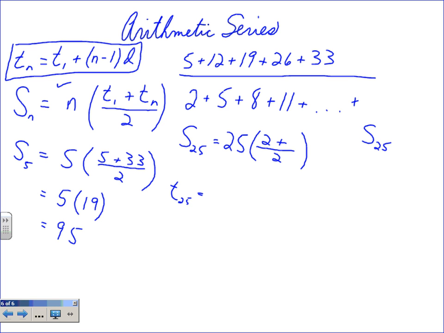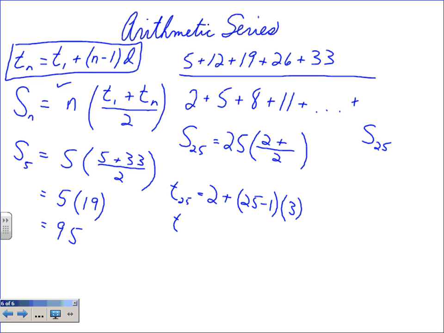So I use that formula, T1 plus n minus 1, 25 minus 1, times the common difference. And what is the difference? You can look at it. What's the common difference? 3. This will tell me what the 25th term is.